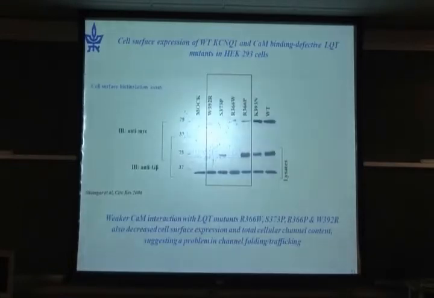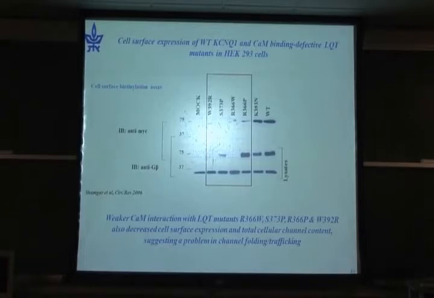Then, since we found that calmodulin binds much more weakly to this region, we suspected that maybe we have a folding problem and a trafficking problem.